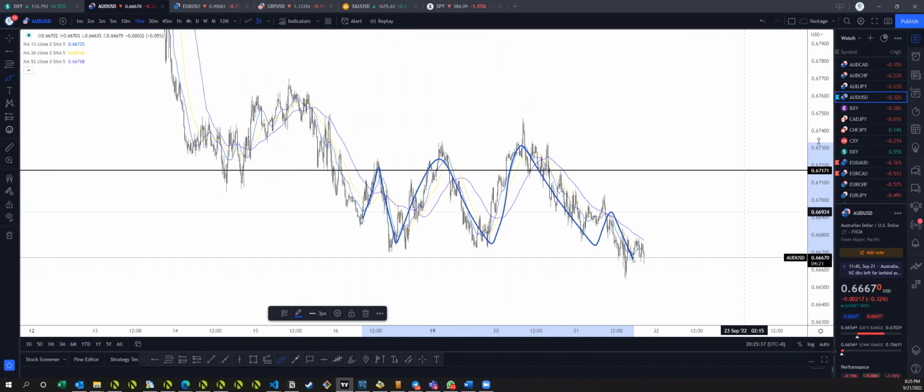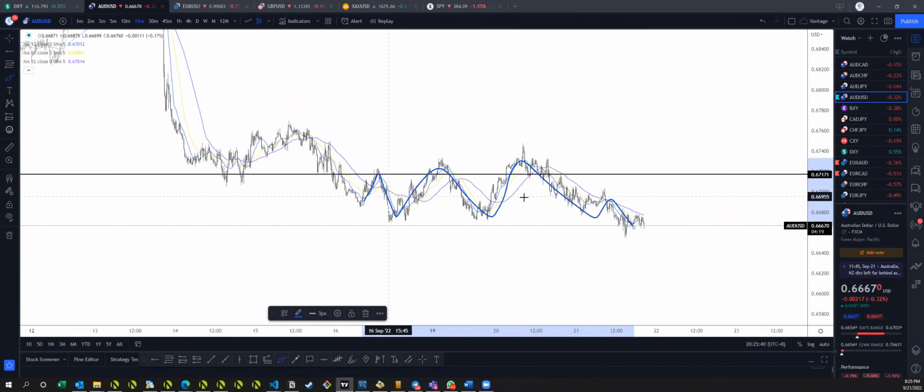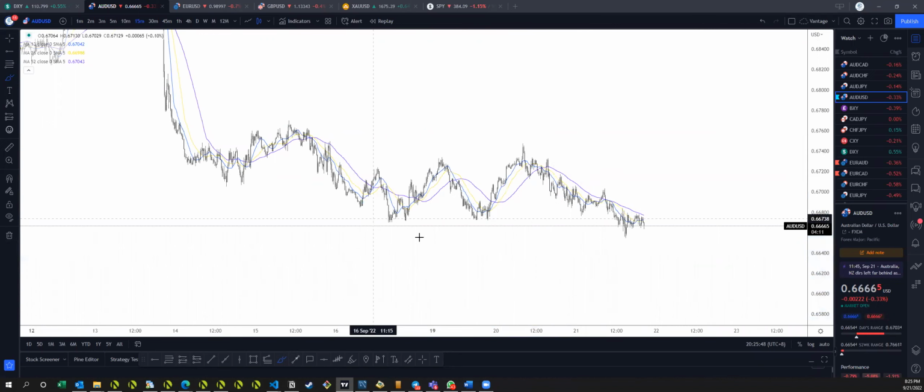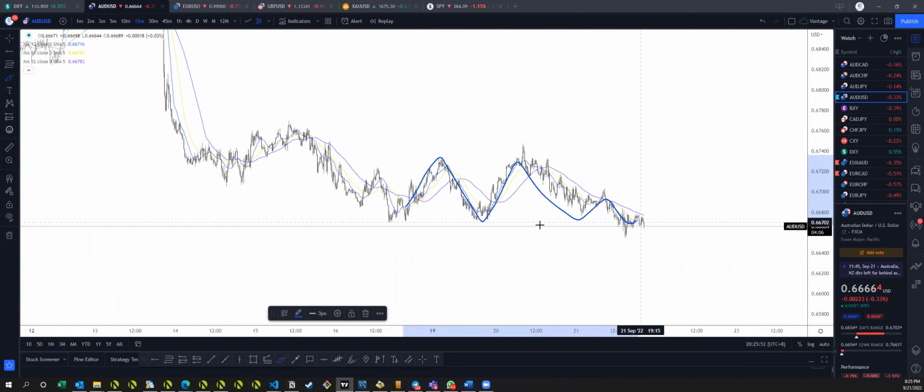If there were a lot of buyers coming in here and sellers overwhelmed them, we would want to see a big push down to the bottom. But that's not what we're seeing. So I would say that this is a form of accumulation.